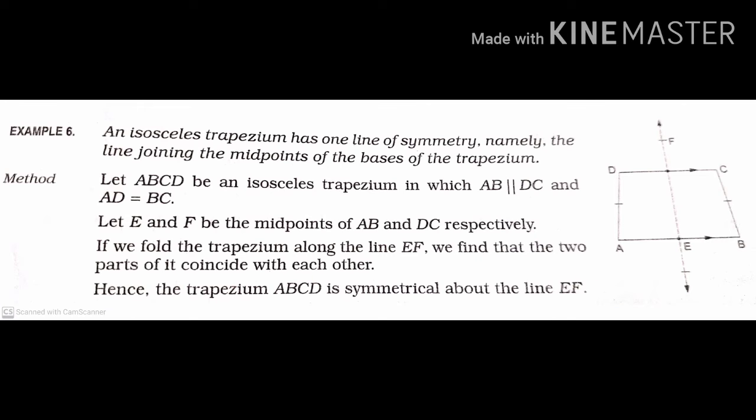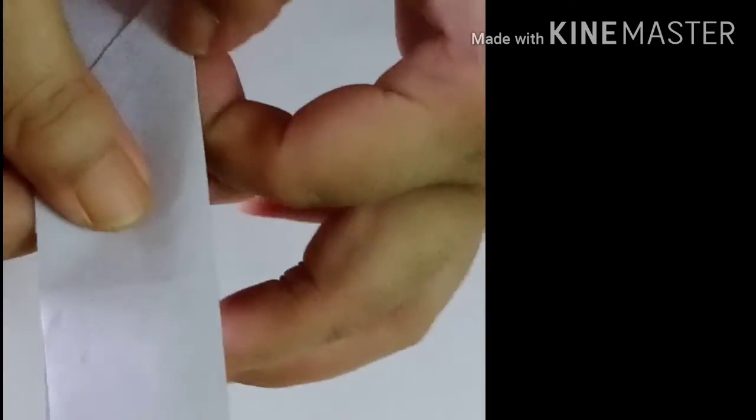An isosceles trapezium, that is a trapezium having two equal sides, has only one line of symmetry. See this shape. Suppose I am folding it like this, horizontally, or maybe like this, vertically.